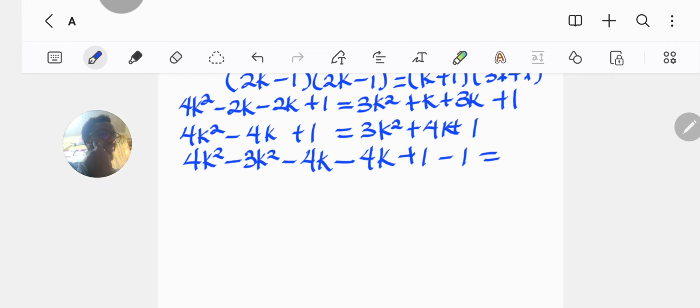Okay. Now from here now, 4k squared minus 3k squared is going to give us k squared, minus 4k minus 4k is going to give us minus 8k, plus 1 minus 1 is 0, which gives us 0.